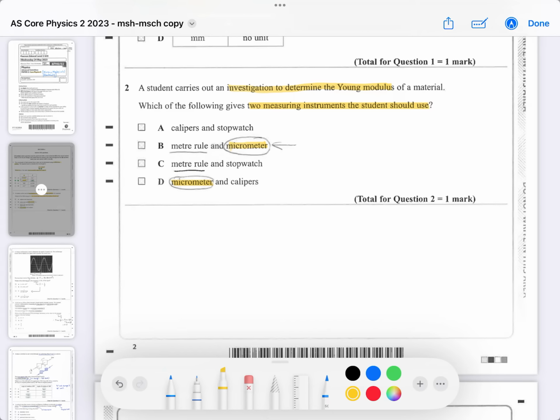So two of them have micrometers, so it's going to be B or D. You don't need to use calipers, but you do need to use a meter ruler to measure the original length of the wire that you're using. So the only one with the correct two is B. Okay, so the answer is B.